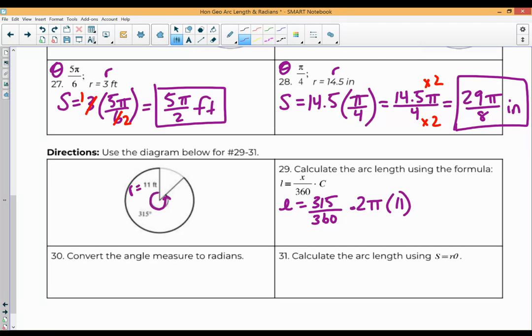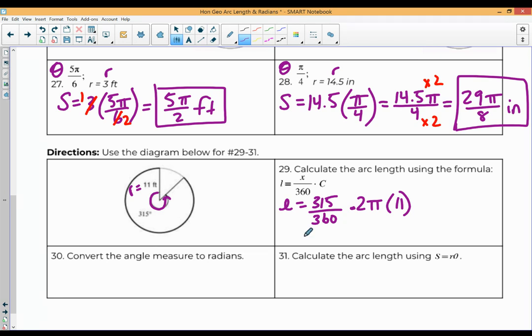Times. So 315 divided by 360, 0.75 times 22.